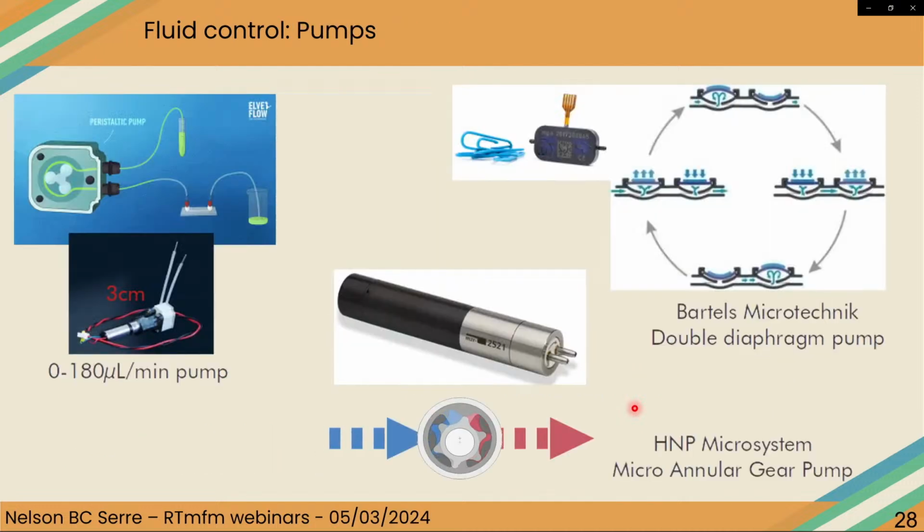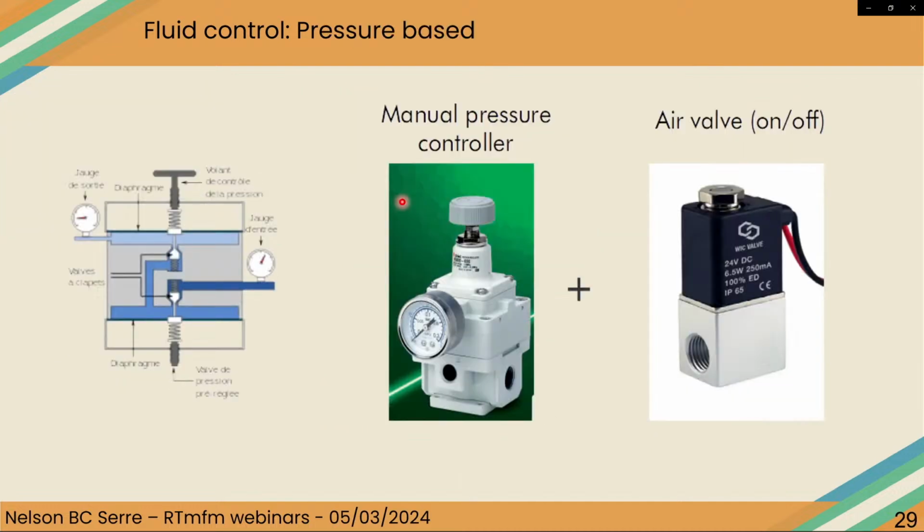But you can also pump the liquid from a container to your chip using a peristaltic pump or double diaphragm pump, annular gear pump. There's a lot of types of pumps that I'm not going to describe all of them today, but just to give you an idea.